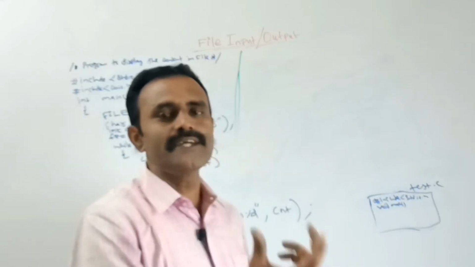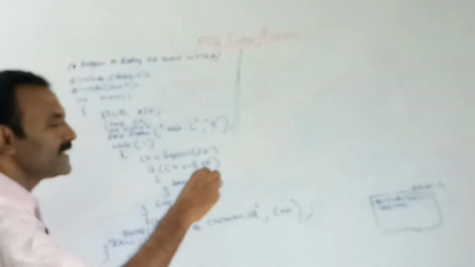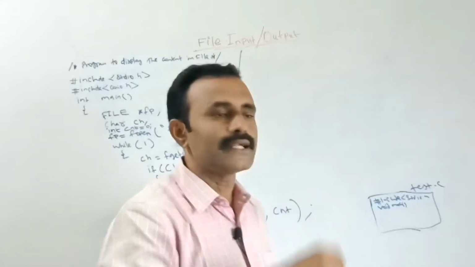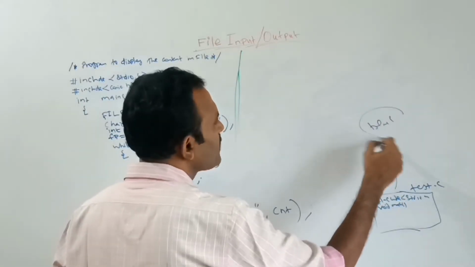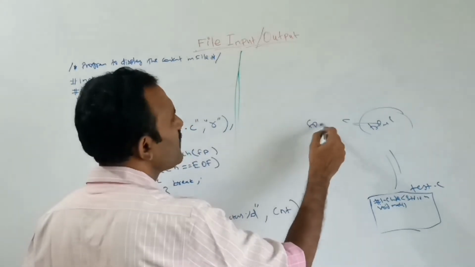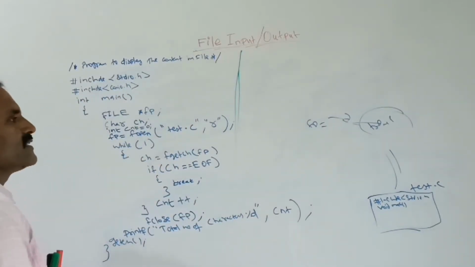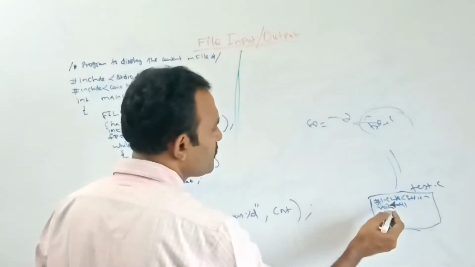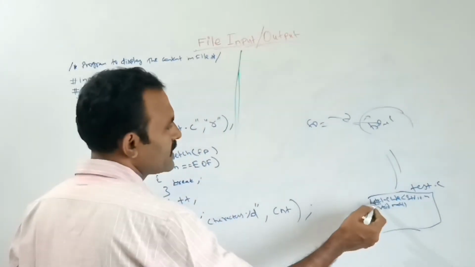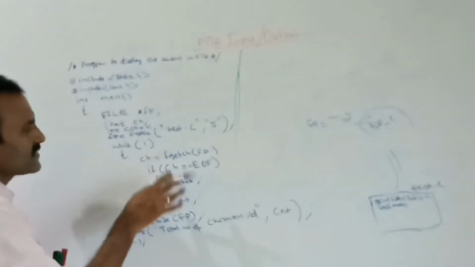If there is content, it will be returned letter by letter. This will be stored in the buffer. After that, from that buffer, by using this file pointer, I am getting the starting letter, and then reading letter by letter. It will repeat until EOF.